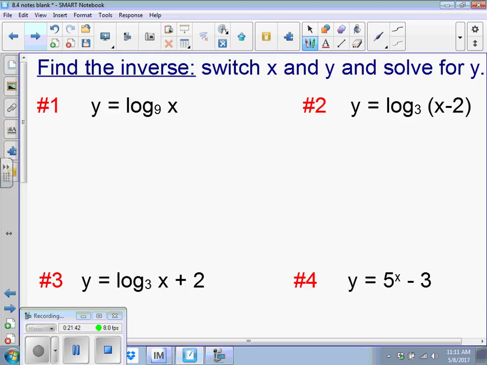If I start off with a log, and I'm finding the inverse, what type of function will I end up with at the end? An exponential. If I start off with an exponential, what type of function do you think I'll end up with? A log. Logs and exponentials are inverses.